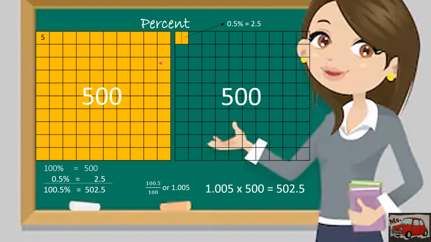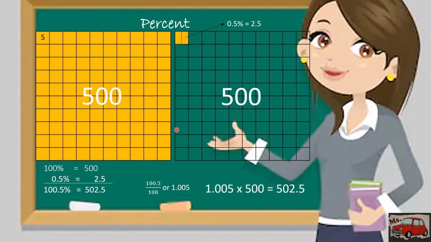Okay? So, now, since I have 100% plus 0.5%, I now have 100.5%. So, what is 100.5% of 500? So, to get that, we can add all the 5s here. Plus the 2.5, and then we'll get 502.5.